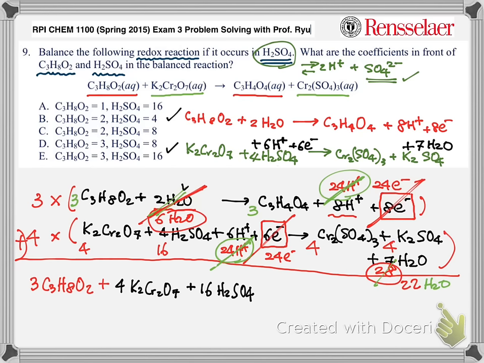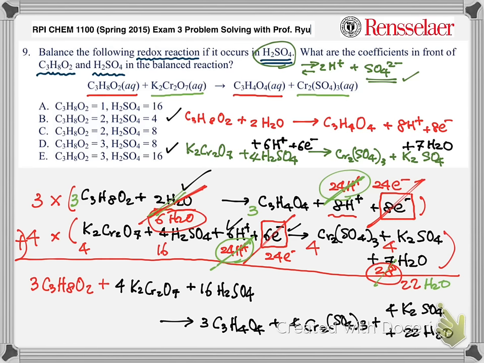The waters are gone, this is all gone, so you're left over with this, and the other side is 3C3H4O4 and 4Cr2(SO4)3 plus 4K2SO4 plus 22H2O.